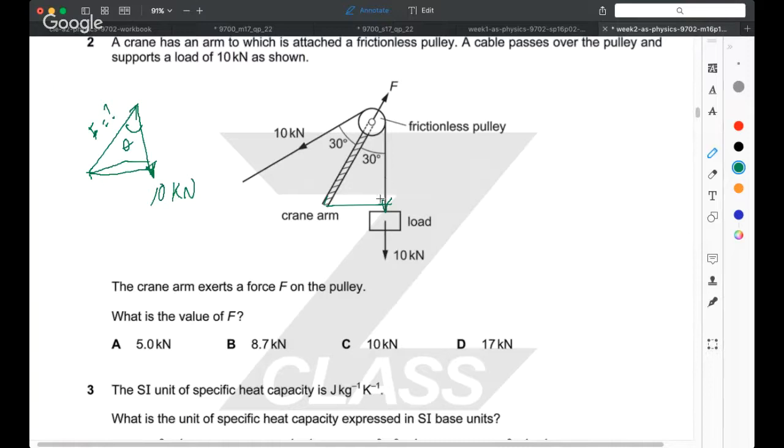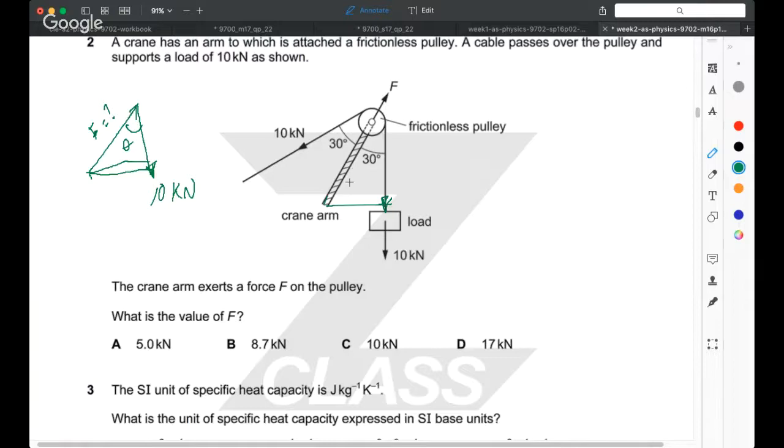So what you need is a component of this force. Well, this force is totally in y. If you see, this is x, this is y. So this is a vertical force, and this one goes in both directions, horizontal and vertical.